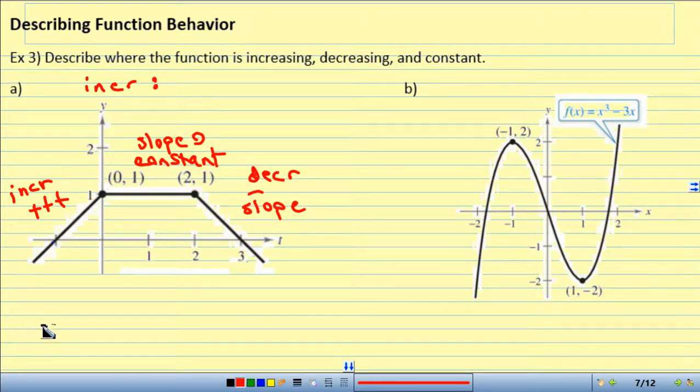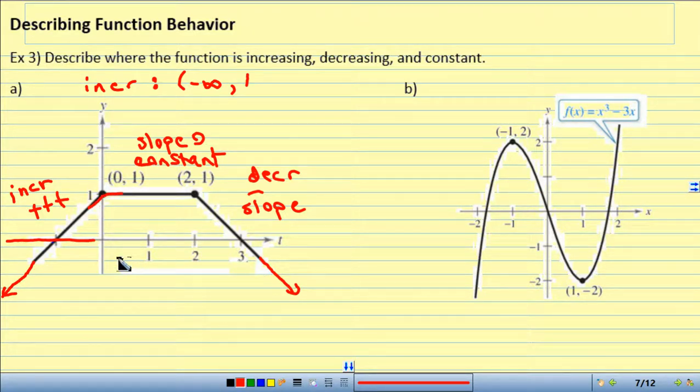So it's increasing, and I'm assuming this goes on forever, because that's the way the graph looks. So it's increasing from x is equal to negative infinity, and all the way to 1. Now, here's the thing. At 1, it immediately changes from increasing to constant, and it gives me a corner.